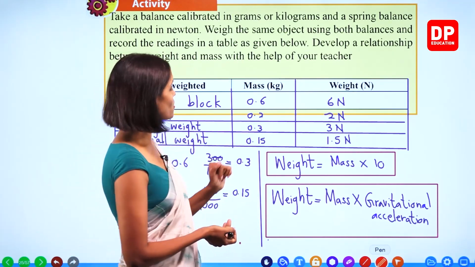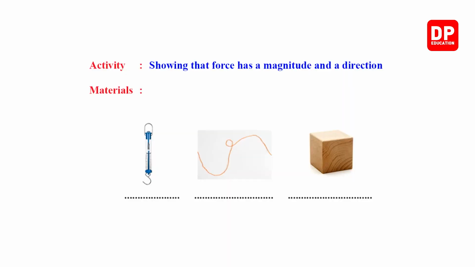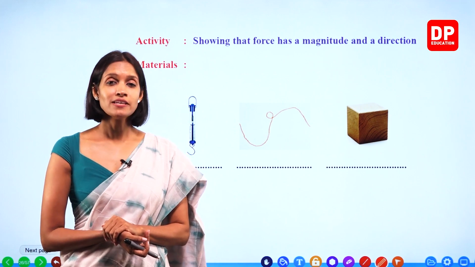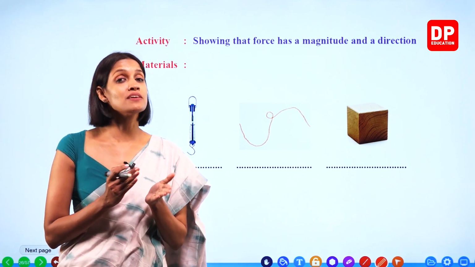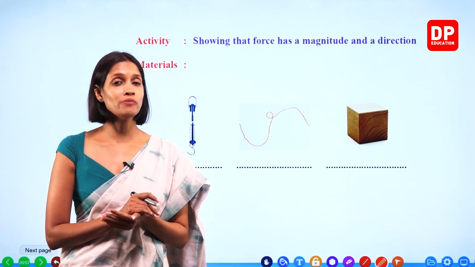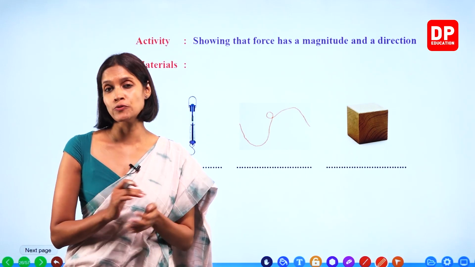Right, we'll move on to the next. So we have another activity to do, showing that force has a magnitude and a direction. Now, do you remember in the first chapter we learned about distance and displacement? We learned that distance has a magnitude. Now, what is magnitude? Magnitude means the size or the amount.